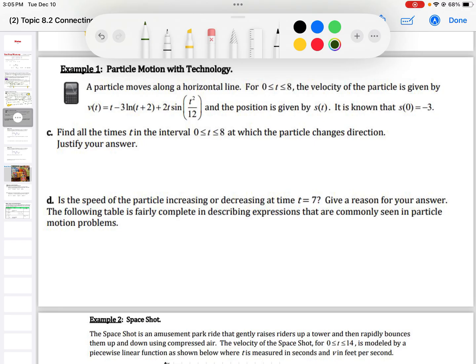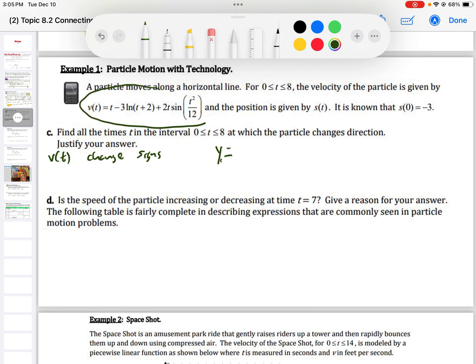All right, part C: find all the times in the interval at which the particle changes direction. Okay, so I know the particle's moving to the right if the derivative, the velocity, is positive. It's moving to the left if the velocity is negative. So for it to change directions, v of t needs to change signs.